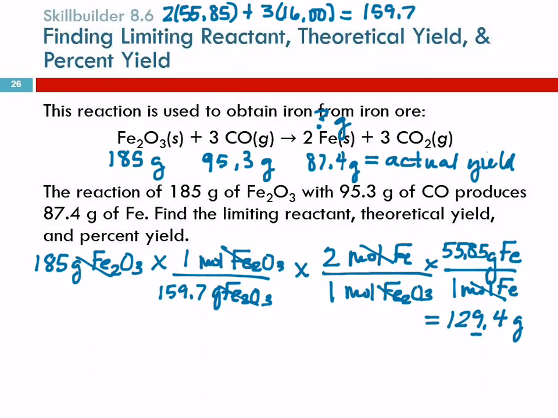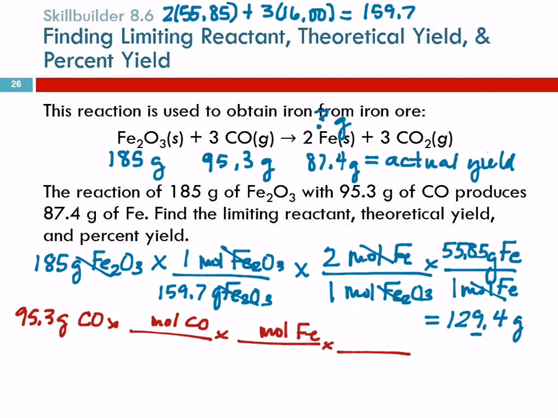Now I have to do it again with the different reactant, the CO: 95.3 grams of carbon monoxide. I'm going to have to slant down because otherwise I'm going to run into my other answer. Grams to moles, to moles, to grams.